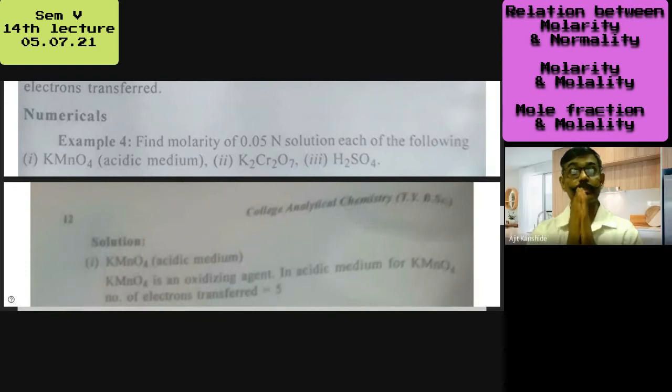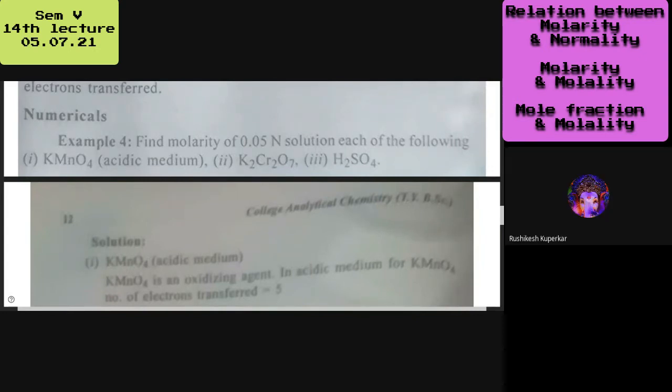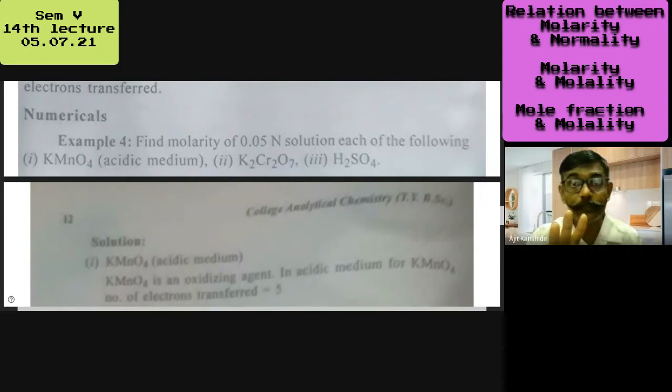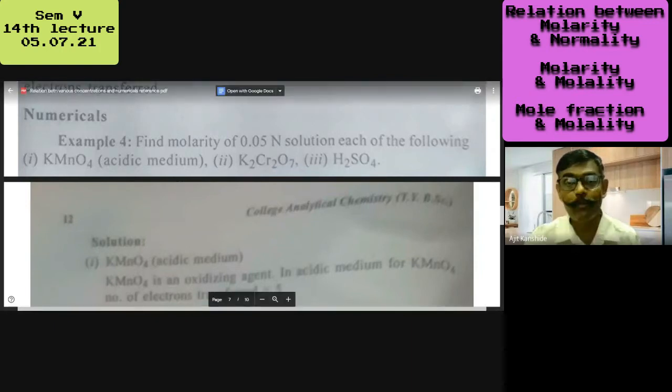And after reaction, that chromium plus 6 converts to chromium plus 3. Chromium plus 6 converts to chromium plus 3 means gain of how many electrons? 3. One chromium is responsible for 3 electrons. One chromium takes 3 electrons. Now how many chromiums are there in the formula of K2Cr2O7?